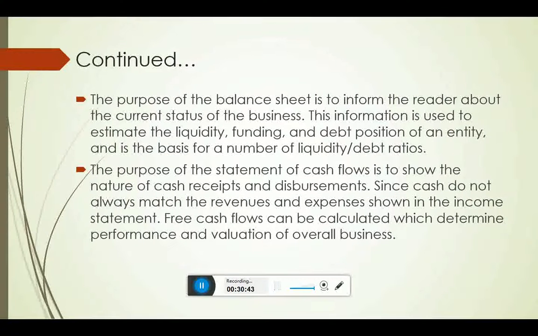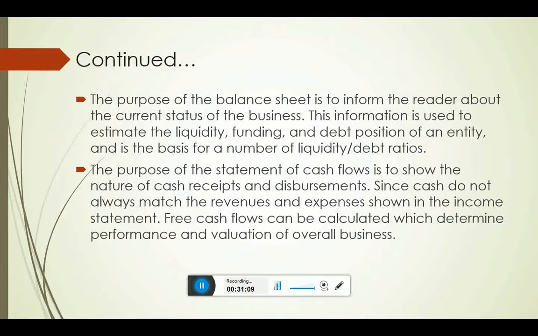Knowing the flow of cash, or having information about the cash, is very, very important. So cash coming in and cash going out of the organization, the information about this is very, very important, and this information can be found on the statement of cash flow. Why is this information about cash important?